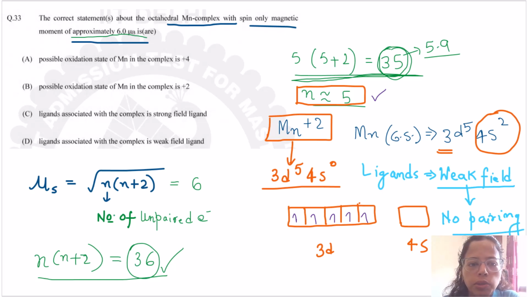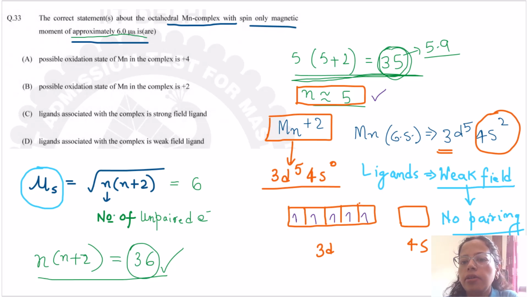You can see that from only this magnetic moment spin-only formula, we can predict the oxidation state as well as the nature of the ligands of a particular complex. We got 5 unpaired electrons from the mu spin-only value of 6 given in the question.